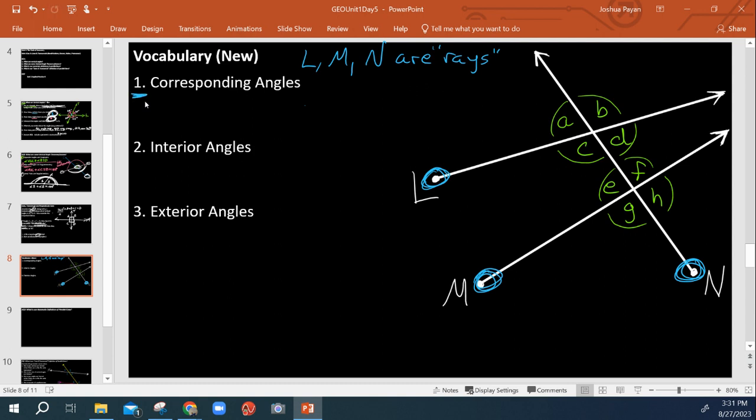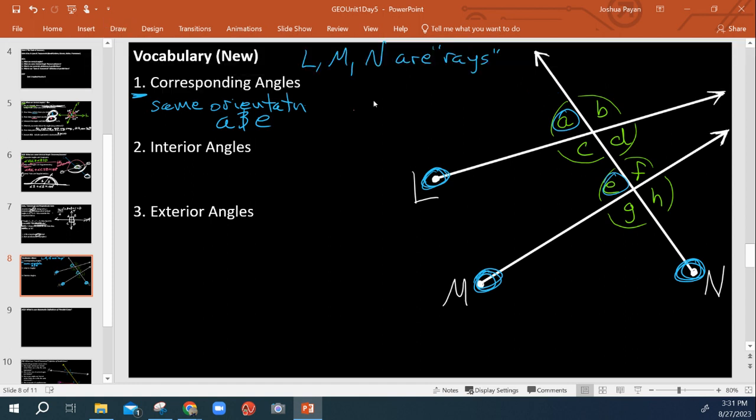So, corresponding angles. Okay, corresponding angles are angles with the same orientation. Okay, so what do I mean by that? Well, A and E are top left, right? So A and E correspond because they're both top left.